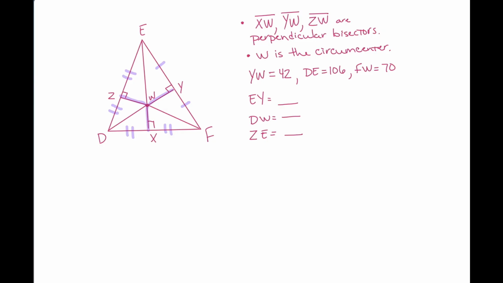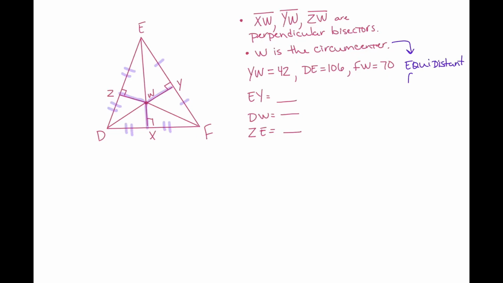It says our circumcenter is equidistant from the vertices. So these lines that come from W that touch each corner are the same. I've got to use 4 because I've already used 1, 2, and 3. So they're the same length. Whatever EW is, the same as DW and FW.